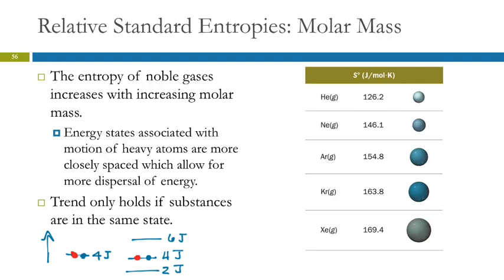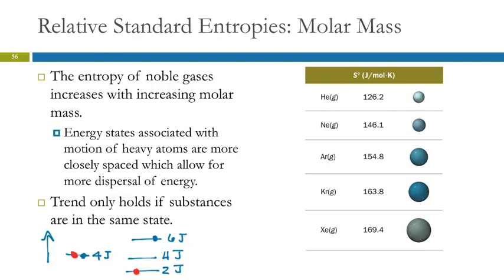Or I could put the blue one up here and the red one down here. Does that have the same energy as this one? 2 particles, each 4 joules. Here's 2 particles, one's 6 joules, one's 2 joules. The total is the same, right? I could switch them. I could put the red one up high and the blue one down low.